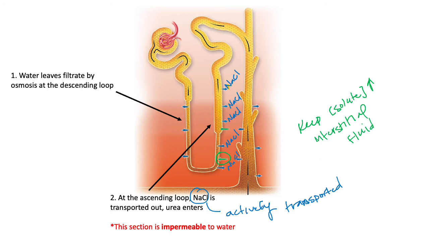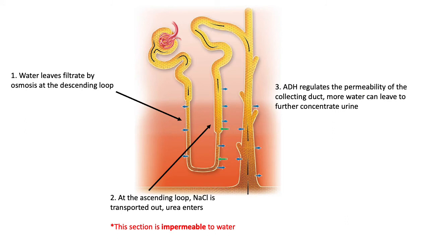So finally, if we continue to follow the black arrows throughout the nephron, we have a final place where water can also again be reabsorbed into the interstitial fluid, and that is at the collecting duct. So these blue arrows here again represent that water is leaving from the collecting duct, and the collecting duct can change its permeability to water.